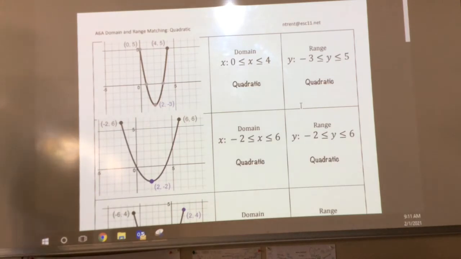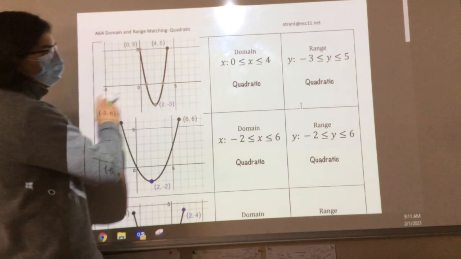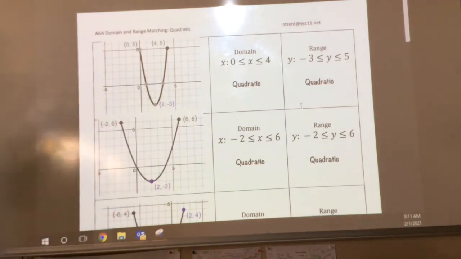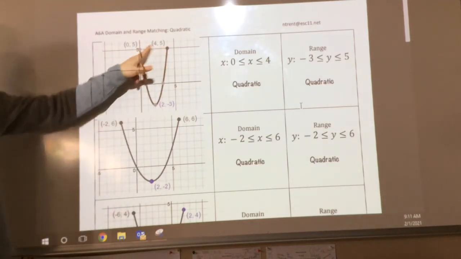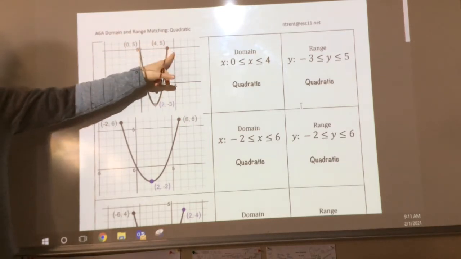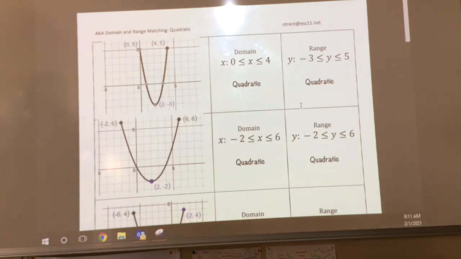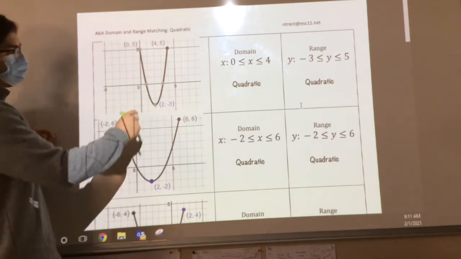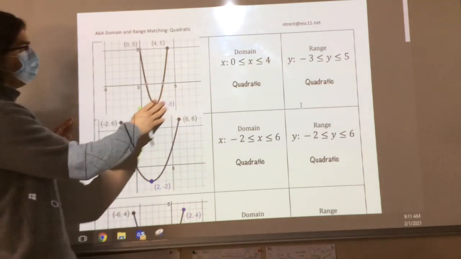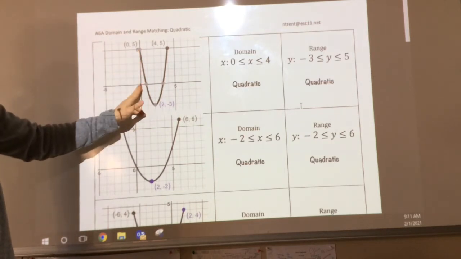Okay. We know that in order to find domain, it has to be all of the possible x values. Do we understand that? Now, this particular one has these blocked off by putting the points on there. If the points are not on there, we're going to assume that it's an arrow, and that arrow is going to continue on forever and ever. Now, domain, for this particular problem, the smallest x value that I have is going to be 0.